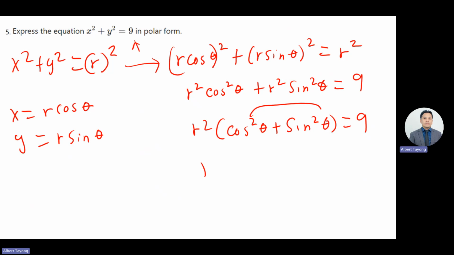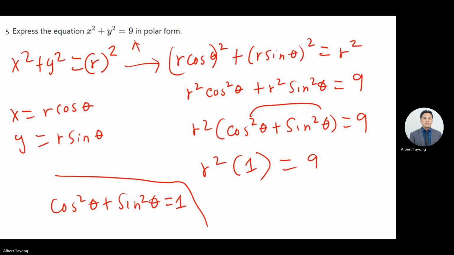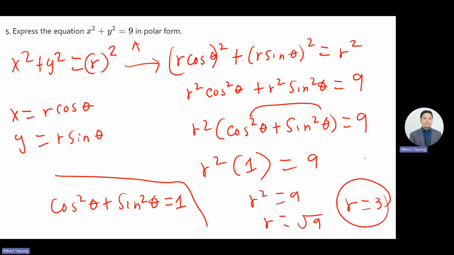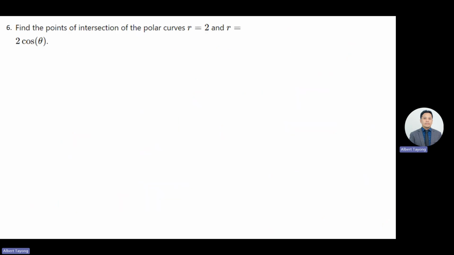So this is 1 actually. Cosine squared theta plus sine squared theta is equal to 1. So r squared is equal to 9. r equals square root of 9. So r is equal to 3. So our radius here actually is equal to 3 using these formulas. Right, so that's it. This is how to express this equation into polar form and finding r.